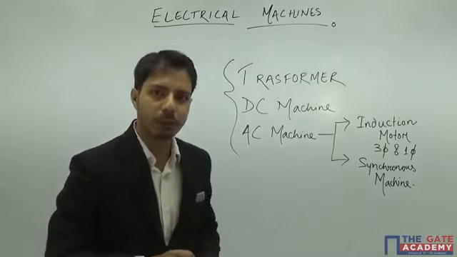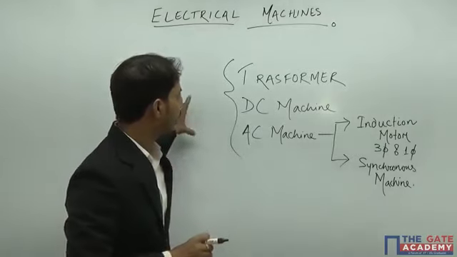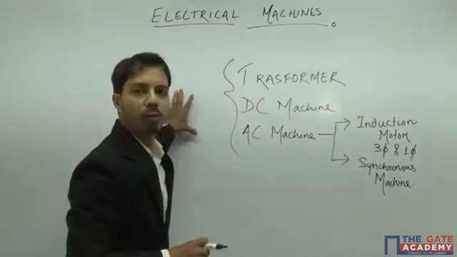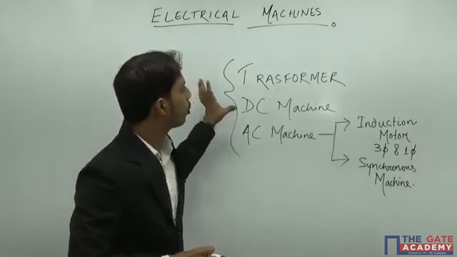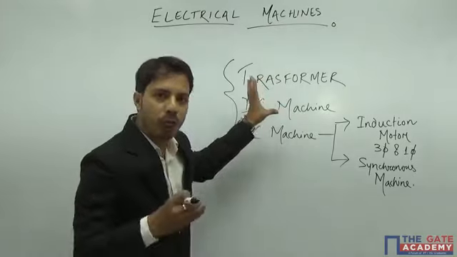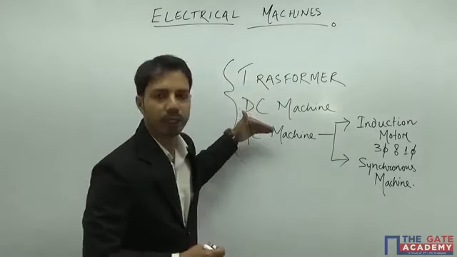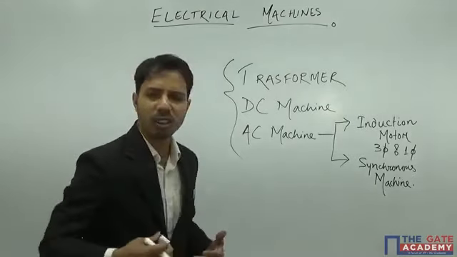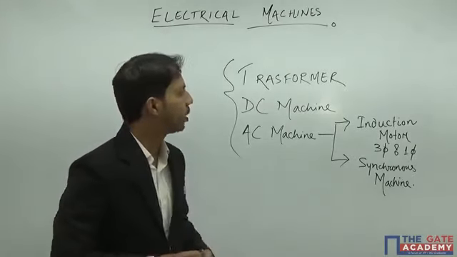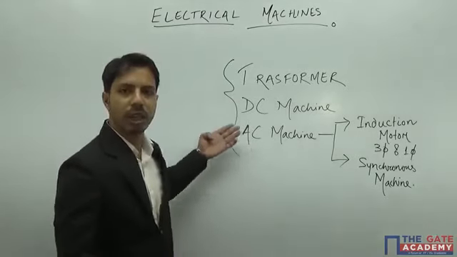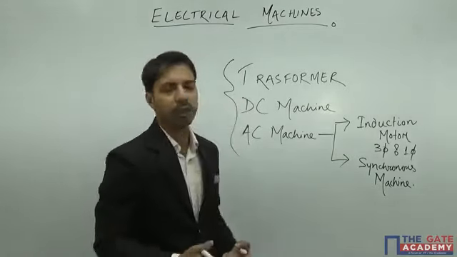The basic mistake that we make while studying is that, without understanding the relation between these machines, from where they evolve, and what the principle is, we directly go to these machines and study them in a discrete way. I have heard students saying that I will prepare only DC machines, or somebody will say I will just prepare transformer for GATE and leave the rest of the AC machines, or somebody will say I will prepare AC machines, I won't prepare DC machines.